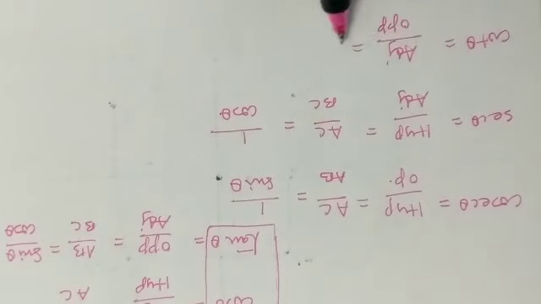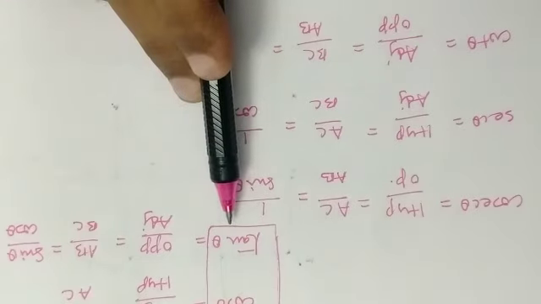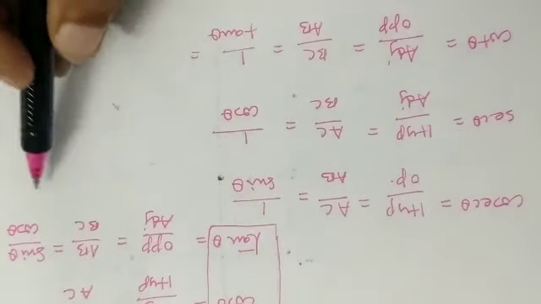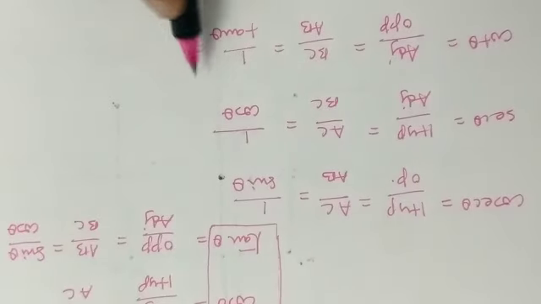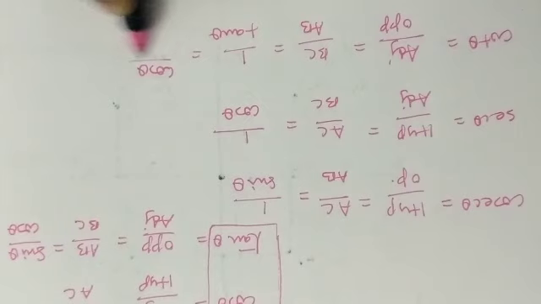What is adjacent? Adjacent is BC, by opposite AB. Means the reciprocal of tan theta. Means 1 by tan theta. That means the reciprocal of sin theta by cos theta, so it becomes cos theta by sin theta.